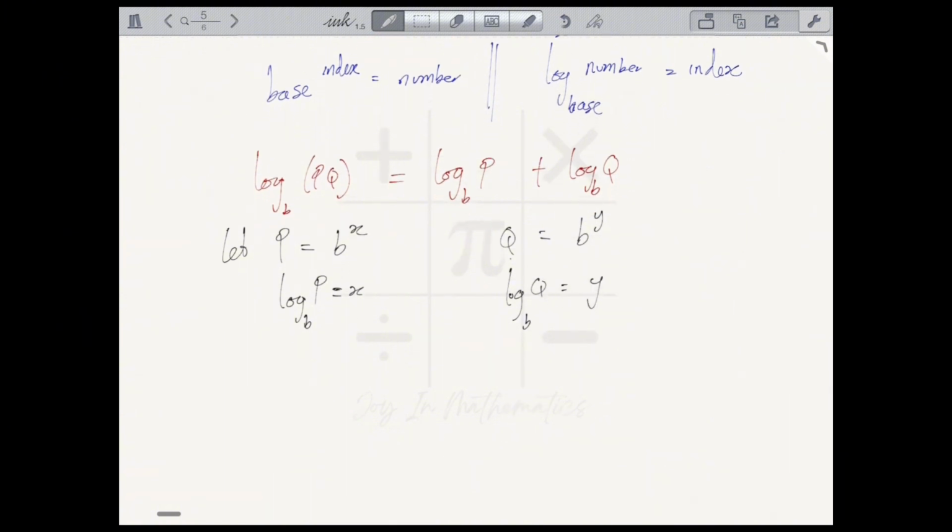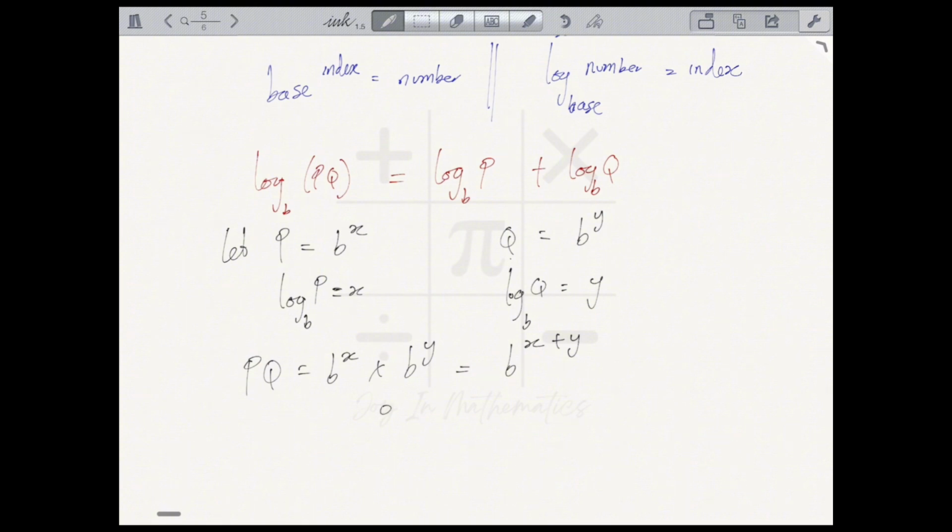Now, p multiplied by q will be b raised to the power x multiplied by b raised to the power y. This brings us back to the indices format, because they have the same base b but different powers, x and y, with a multiplication sign between them. This brings us to the addition law, and it equals b to the power x plus y.